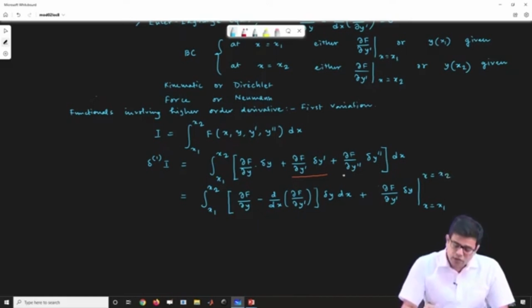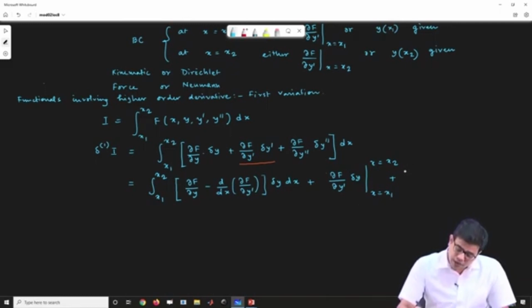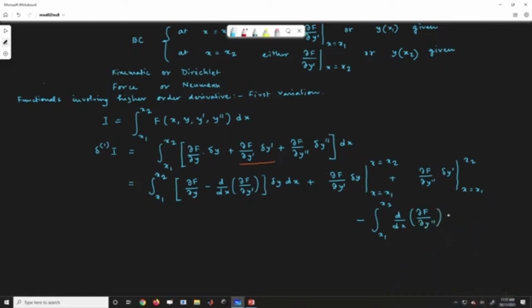Now the second term we have to integrate by parts two times. If I do it the first time, it is dou f by dou y double prime into delta y prime at x equals x1 and x equals x2, then there will be another term, minus integral x1 to x2 of d dx of dou f by dou y double prime into delta y prime dx.